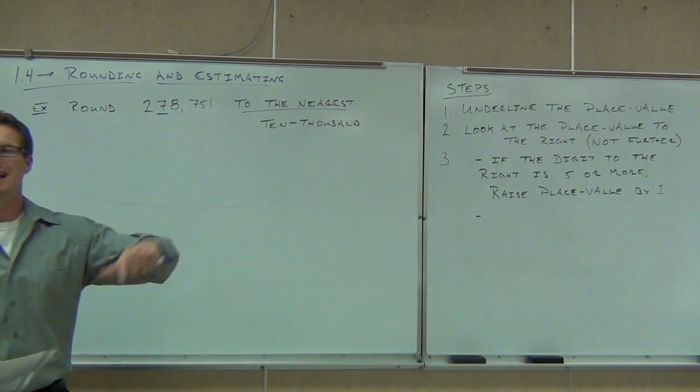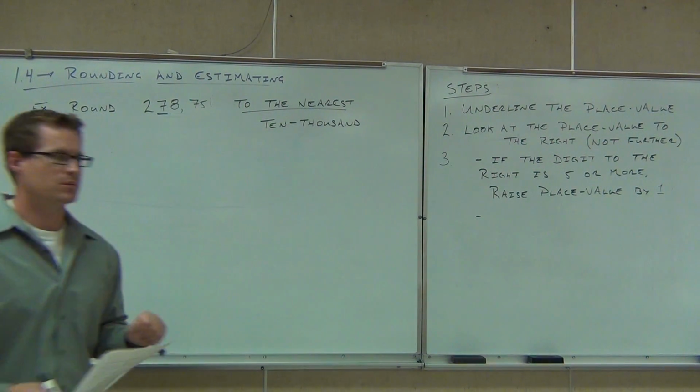If the digit to the right is less than 5, we leave that place value alone.